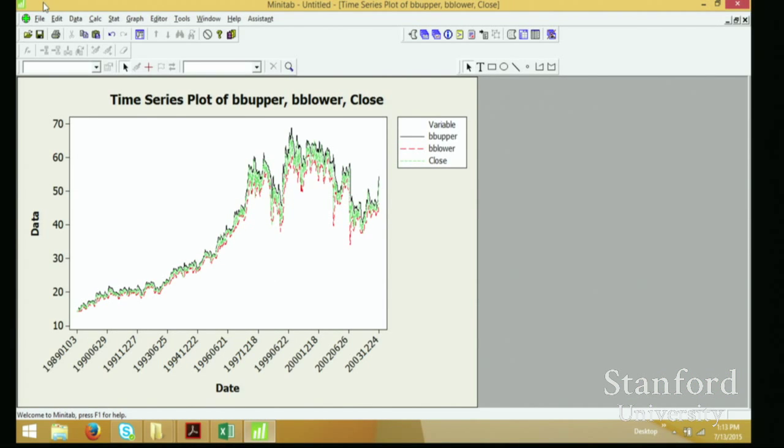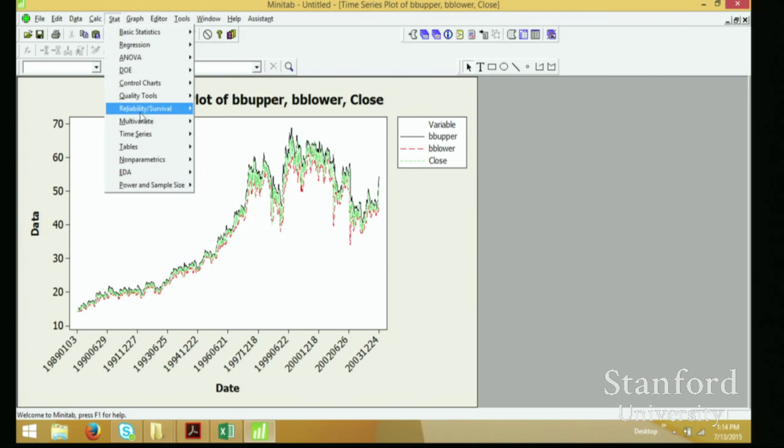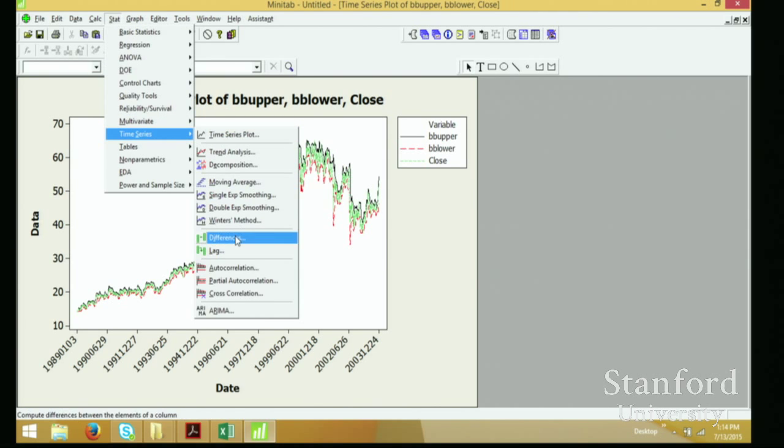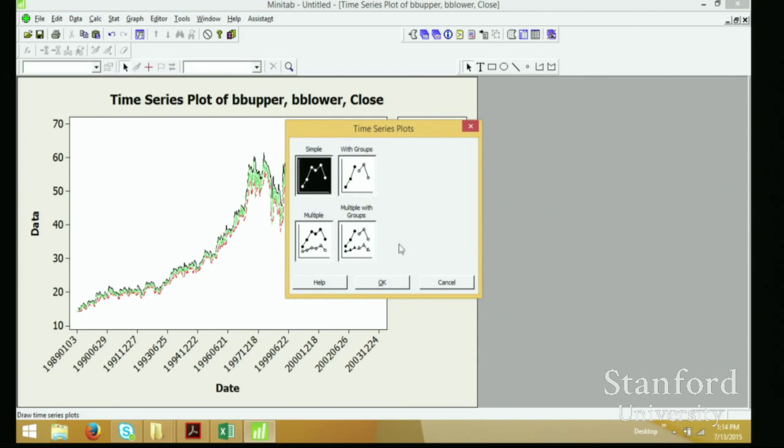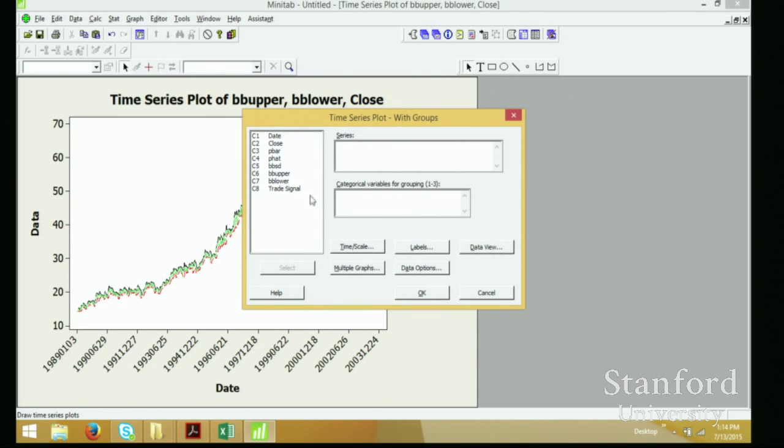So I'm going to try to see if I can plot it together. I think last time when I tried, it was not that easy to see these things. So let's see with the groups here. Closing price. If it doesn't work out now, I'll try to bring it next time around. Trade signal.